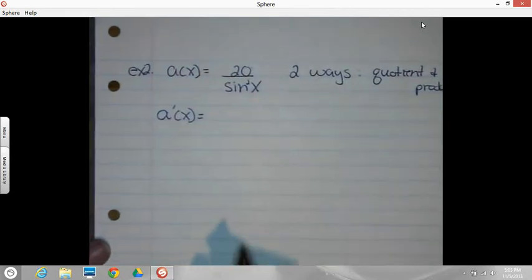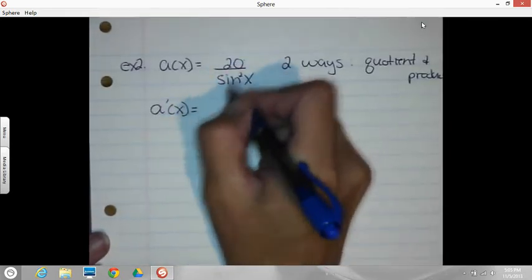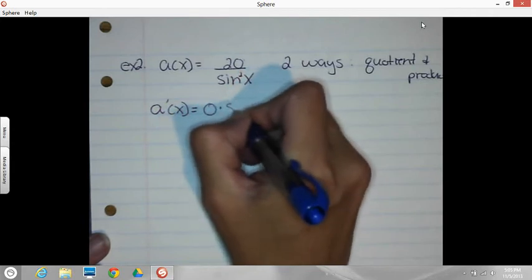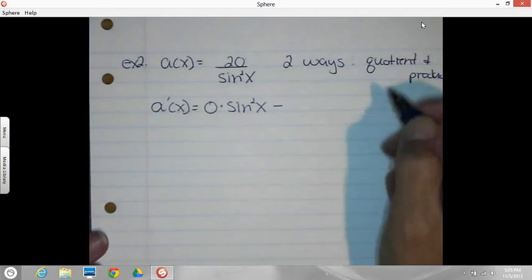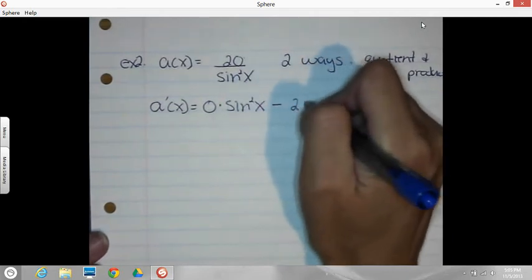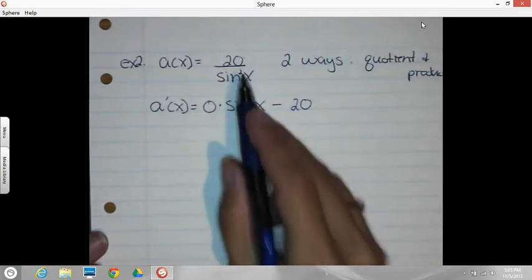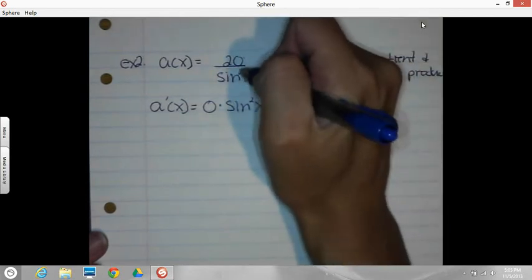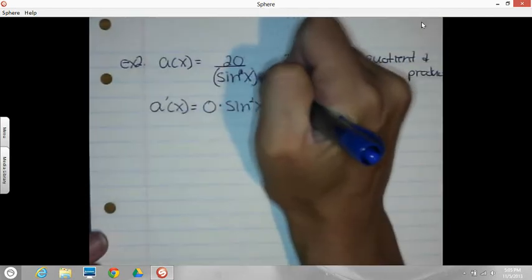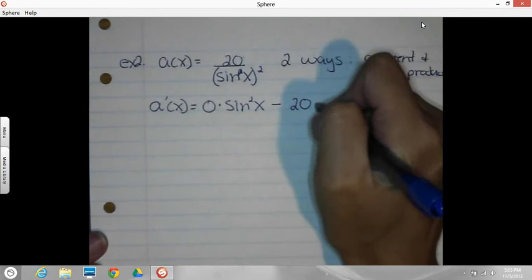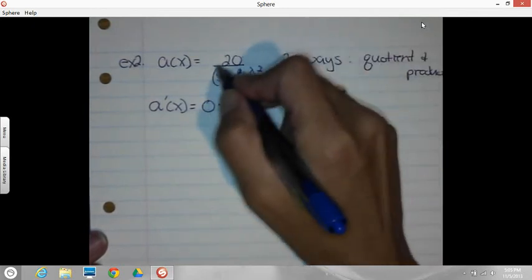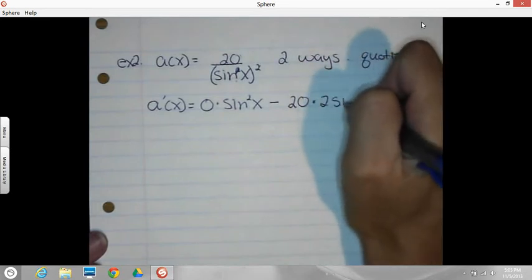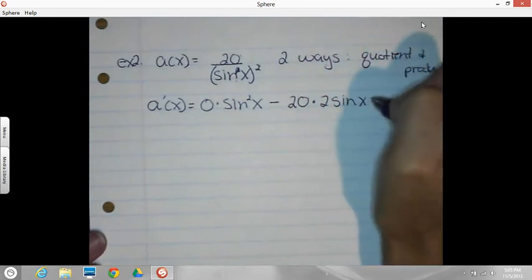Our derivative will be the derivative of the top, which is 0, times the bottom, which I didn't even really need to do. It's going to cancel out. Minus, keep the top, multiply by the derivative of the bottom. I really like to see the parentheses, then I know it's my chain rule, outside, inside. 2 comes down, times sine x to the first, which I don't even need parentheses for.